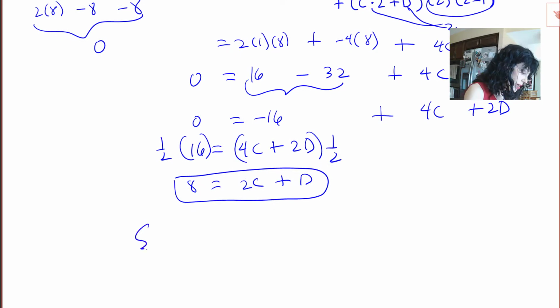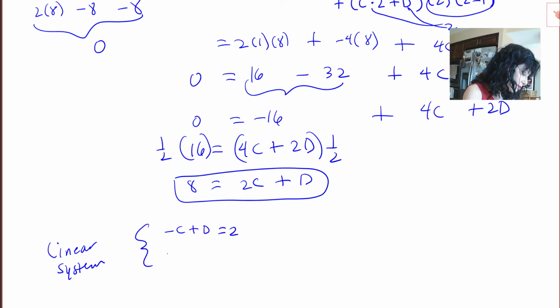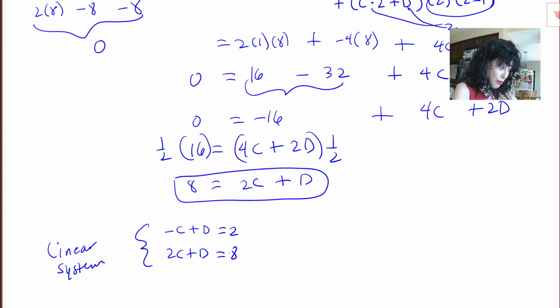What we have now is a linear system of equations, and I'm hoping that back in an algebra class from long ago, you learned how to solve one of these linear systems. Remember that? So, how do you solve this system?